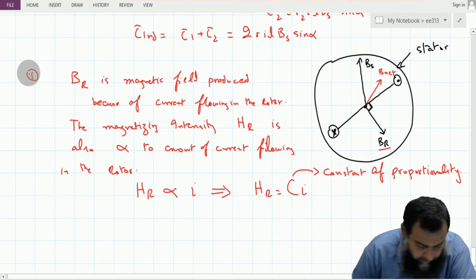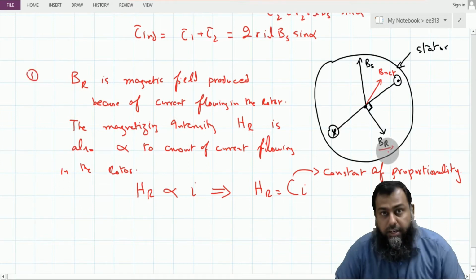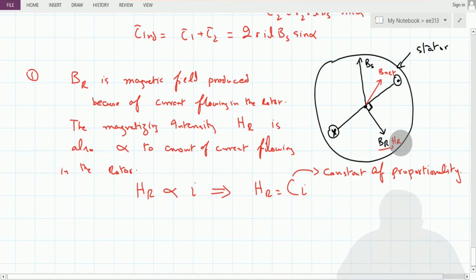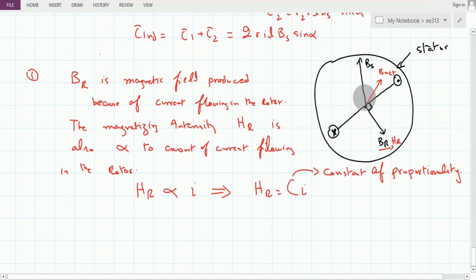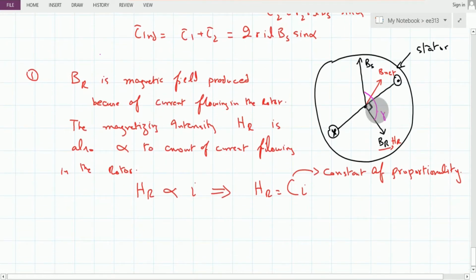So this is the first thing. If we look at this particular diagram, because this HR and BR are dependent on the amount of current, we can also write BR is proportional to HR. So the angle between this HR and this BS, let us say this is gamma, and let us say this is the reference point, so we have this particular angle equal to alpha.